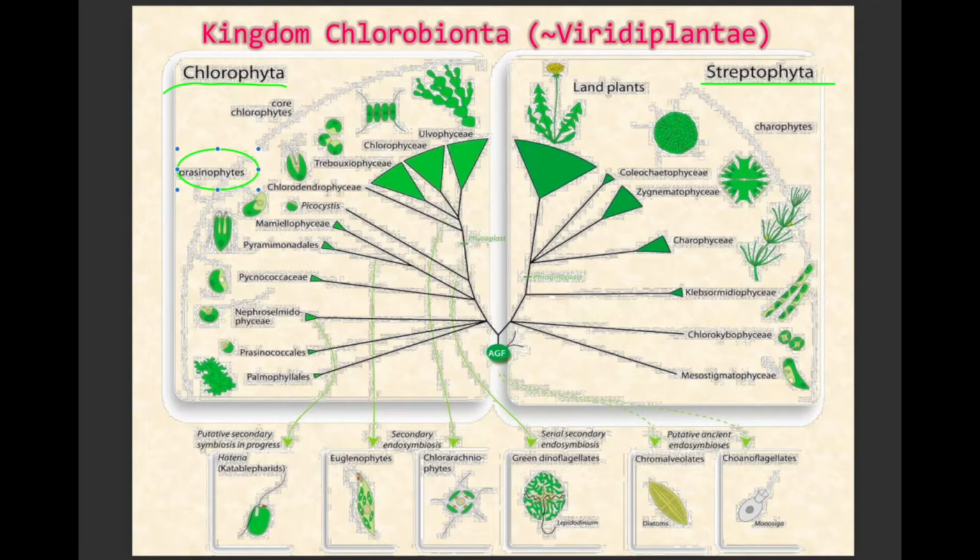But what I want you to look at here is first we have your prasinophytes. Your prasinophytes right here. So these are your organisms right here. These prasinophytes are the more primitive ones that are also part of your Chlorophyta group. In terms of evolutionary divergence, they are the first ones that diverge from the chlorophyte group, but they still belong to your chlorophytes.